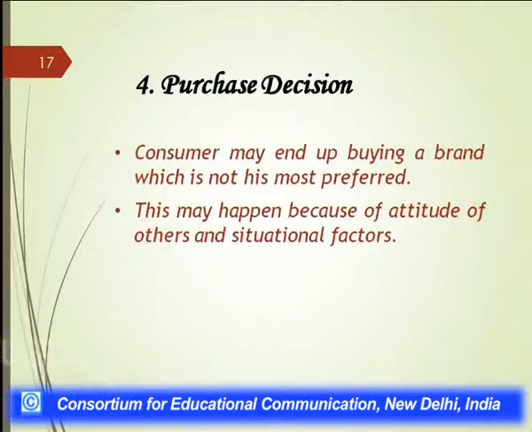Let us now understand the purchase decision. The consumer may end up buying a brand which is not his most preferred brand. This generally happens because of two factors: one, attitude of others, and the second, the situational factor. For example, at the time of making a final purchase decision, Saurabh's friend Rajendra suggests him a brand which probably is not his preferred brand, but he ends up knowing that all of the friends in his circle are actually possessing a brand which he should also go for.